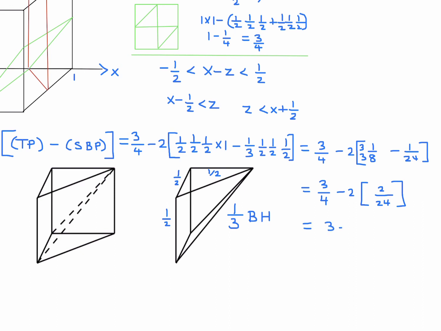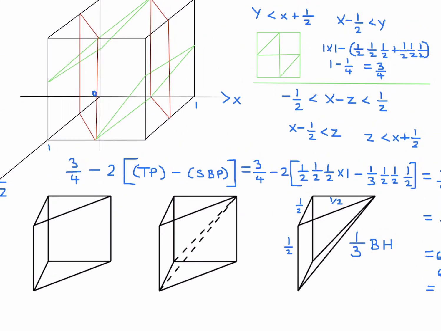And therefore this is 3/4 minus 4/24. And that looks like we can just get a common denominator. Multiply top and bottom here by 6. So that'd be 18/24 minus 4/24. That is 14/24. In lowest terms, 7/12.